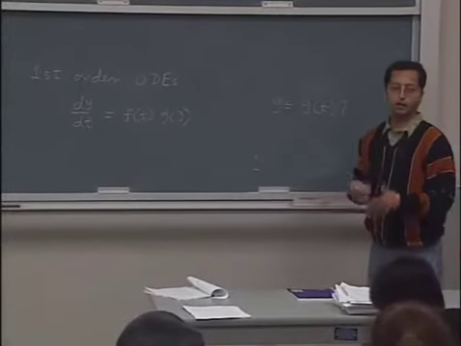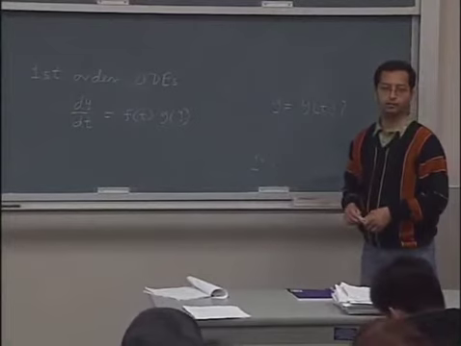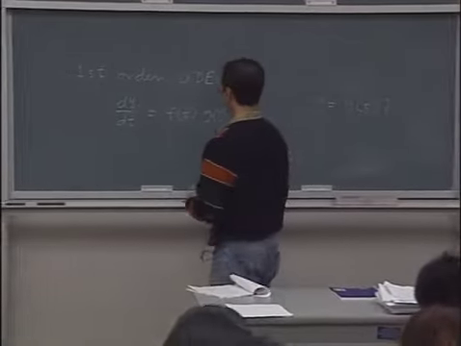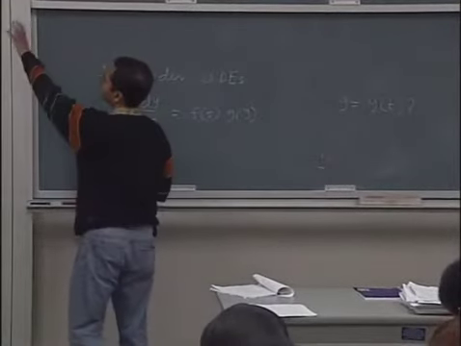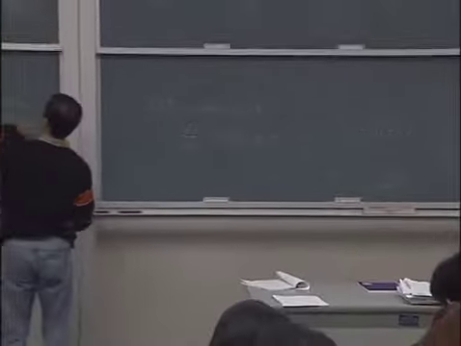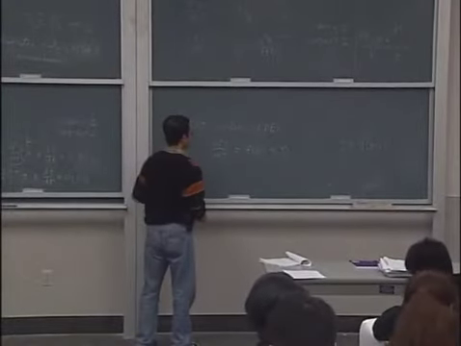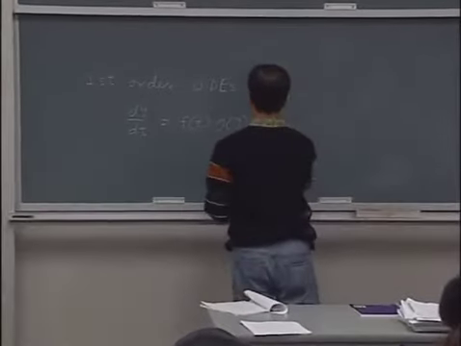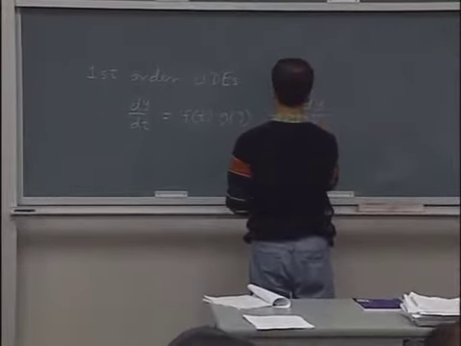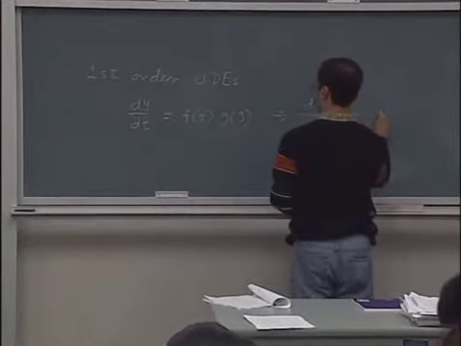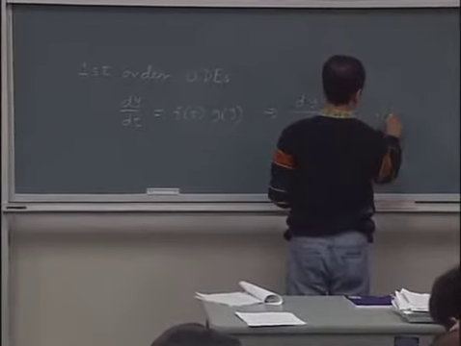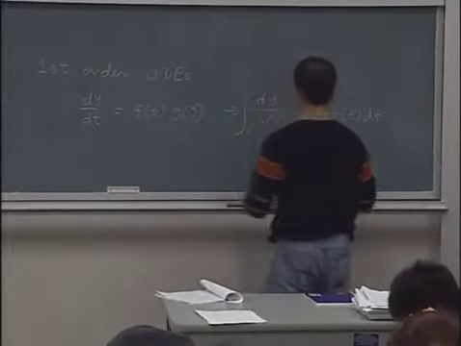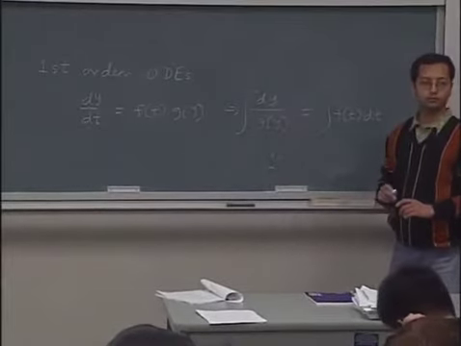And how do I solve this equation? You probably have seen such equations before. Separation of variables or direct integration, just like the cell growth problem, which is gone from the board now. What I do, I write this as dy divided by g(y) equals f(t) dt, and integrate.